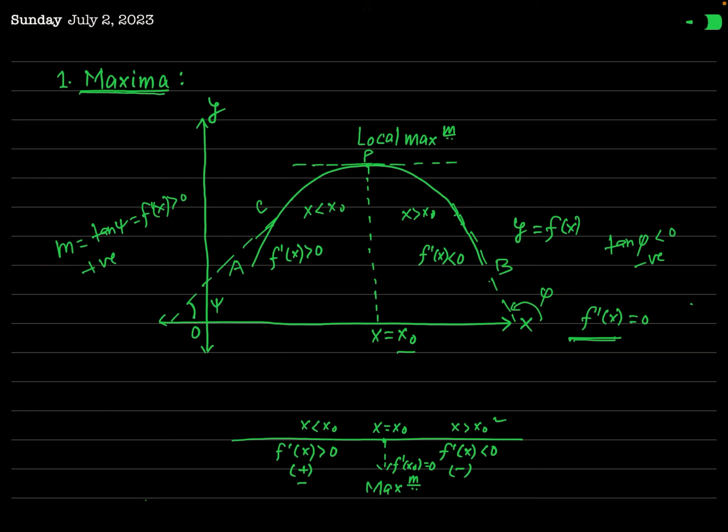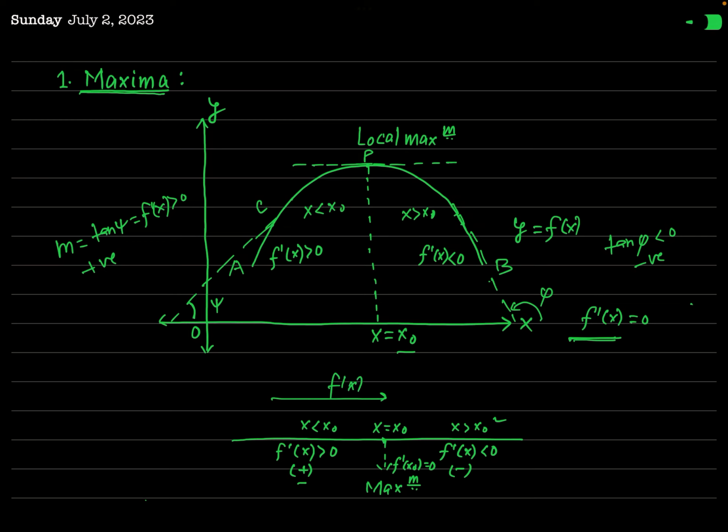So the rule is simple. It means that corresponding to the critical point x equal to x naught, the function will have a maximum value only when the sign of f dash of x changes from positive to negative.